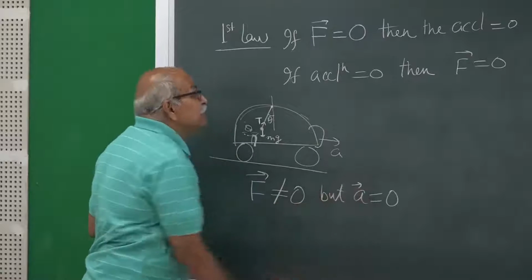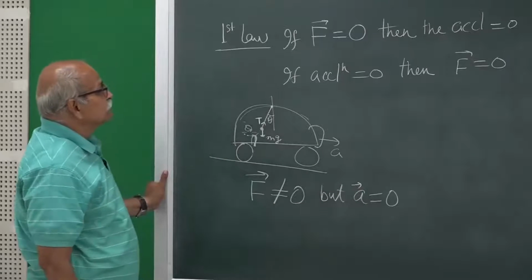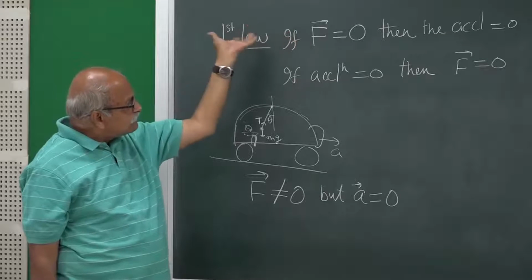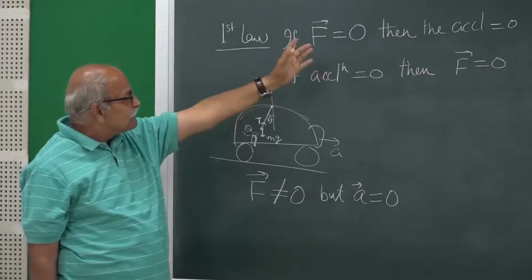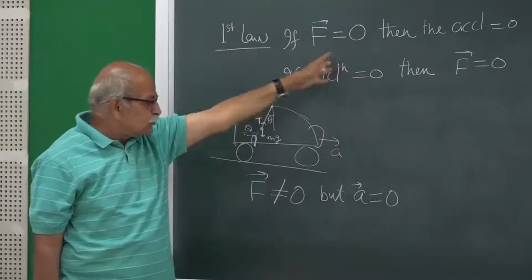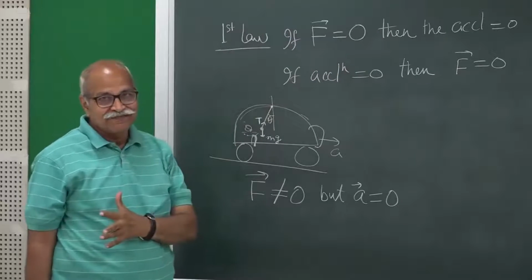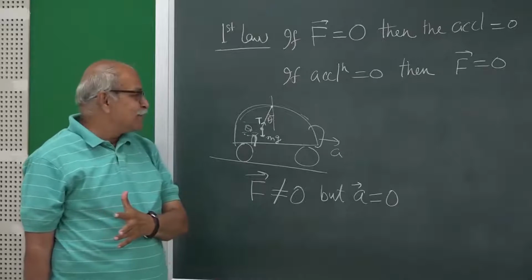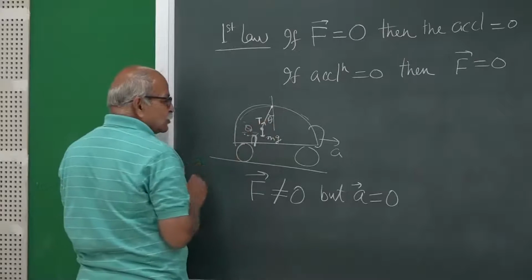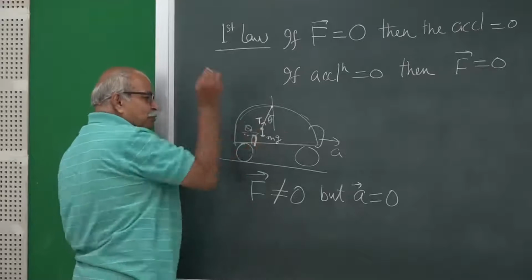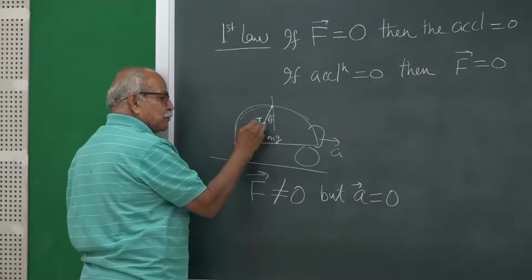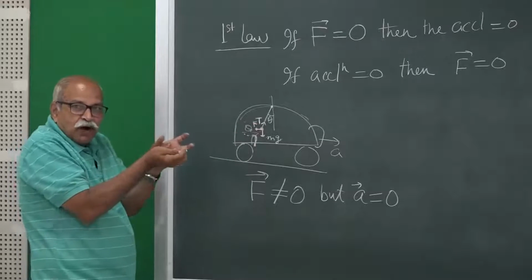So that means this rule, that if force is 0 then the acceleration is 0, and if the force is not 0 then the acceleration is not 0, does not hold here. And if you have a resultant of these two, and you want to make the force 0 and apply a force here, you hold the bob and pull it.